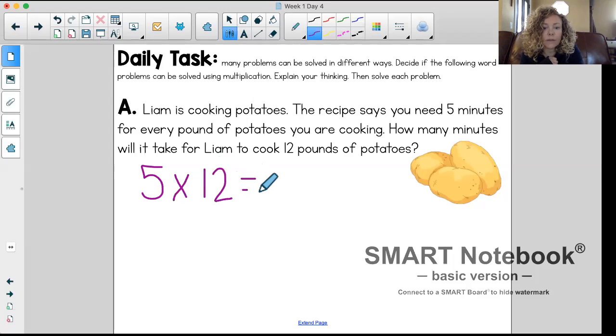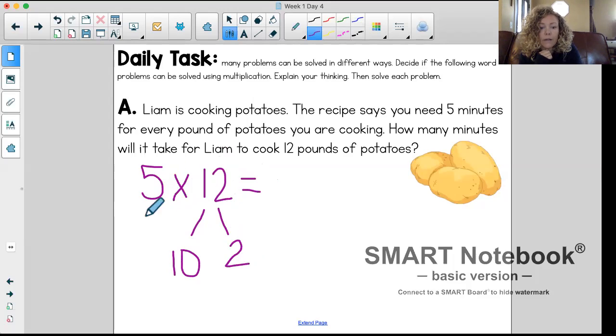Now multiplying 5 times 12, you can skip count by 5 to 12, or we can break 12 down into 2 smaller, more manageable numbers, like 10 and 2, using a number bond.